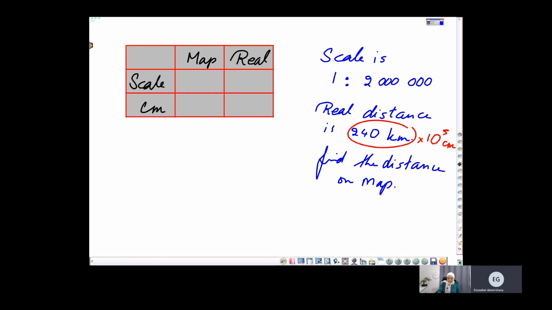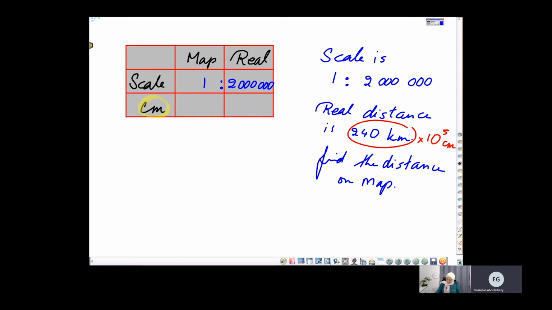Let's go. Map, real, scale, centimeter. So the scale is 1 is to 2 million. And the real distance, input and output in this table should be in what? In centimeters. Pay attention to make it easier for you.